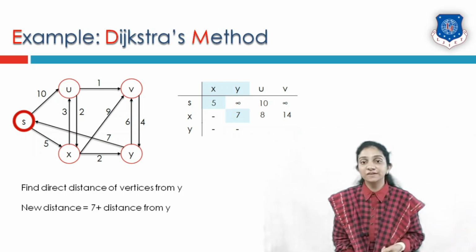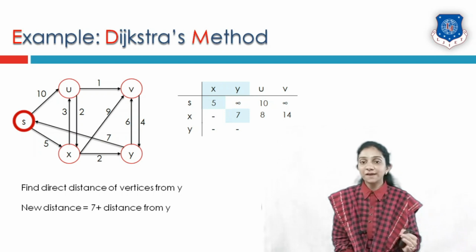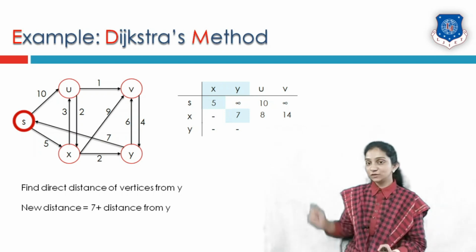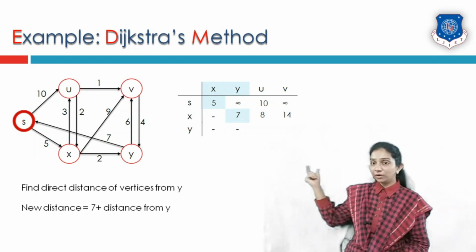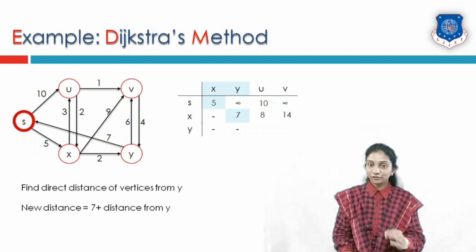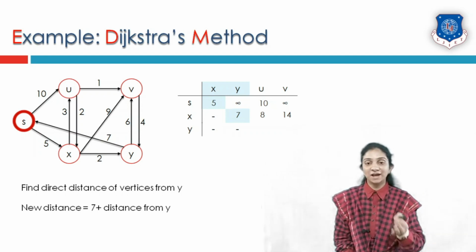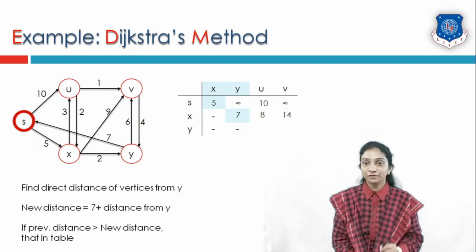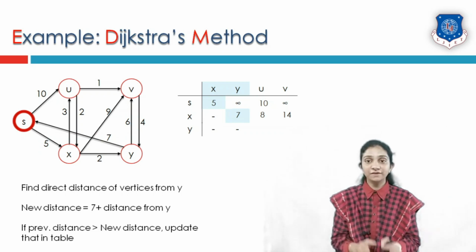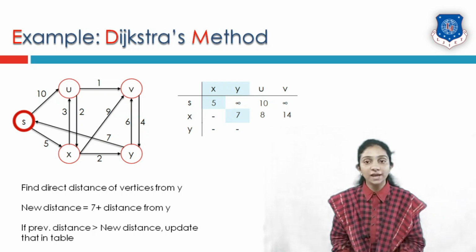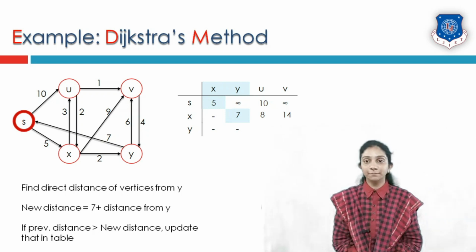And the new distance will now become 7 plus the direct distance from Y. Because to make Y a row, what value have we selected? We have selected the value 7. So the new distance will be generated by 7 plus the distance directly from Y. Here again we will follow the same formula: if the previous distance is greater than the new distance, then only the update will be made in this table.